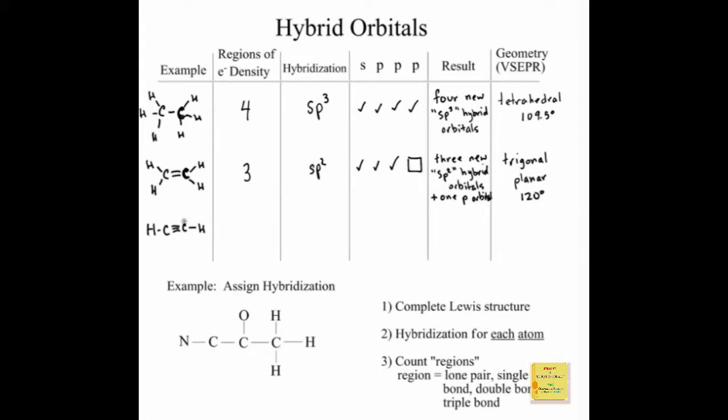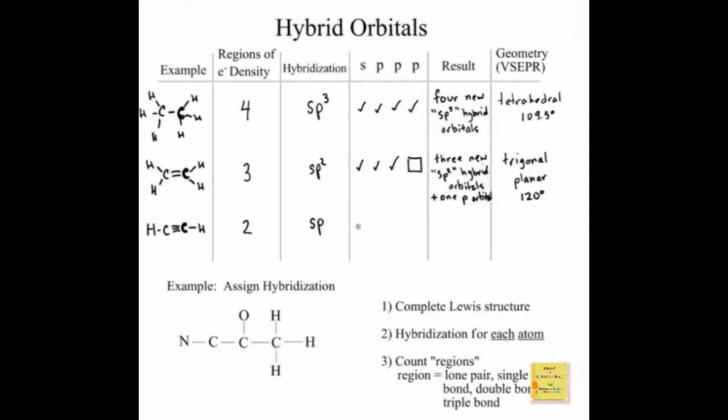Okay, and our last example here has a carbon with 4 bonds, but these 4 bonds now only have 2 regions of electron density, a single bond in one direction, and a triple bond in the other direction. And if we have only 2 regions of electron density to accommodate, you might be seeing a trend here, and you might predict that the hybridization is going to be called sp hybridized.